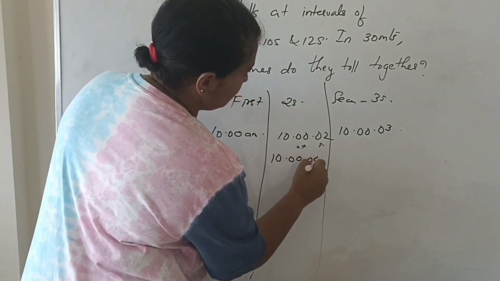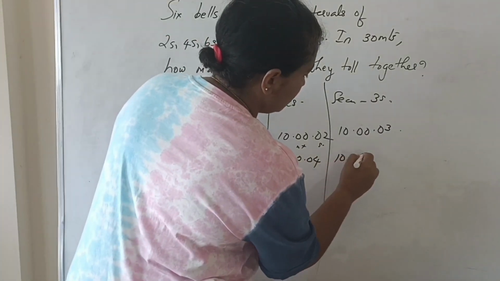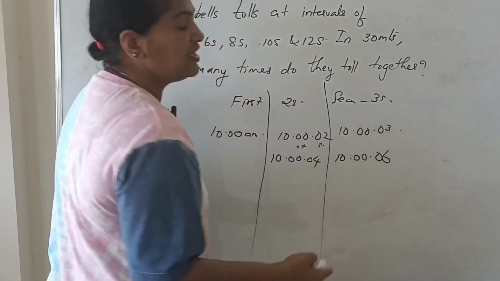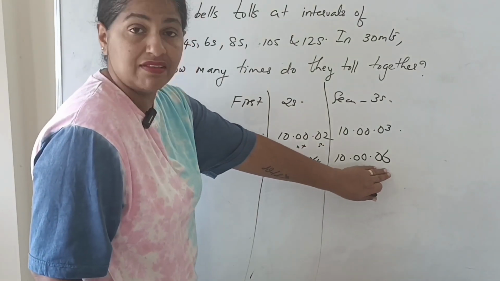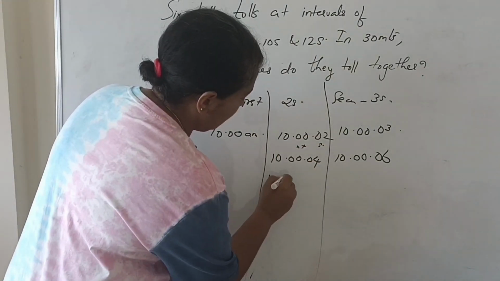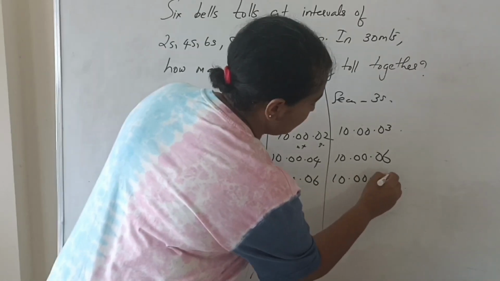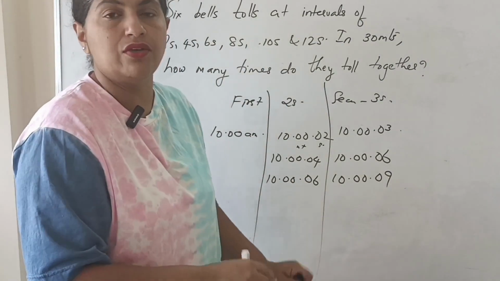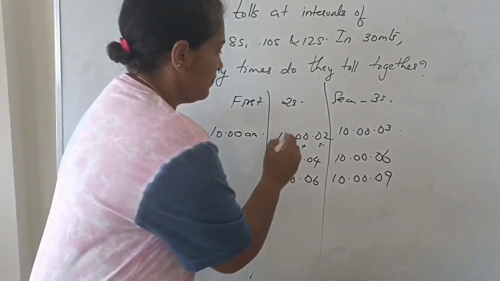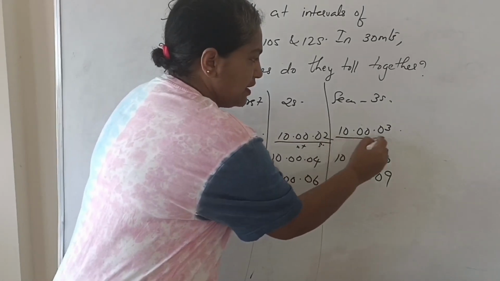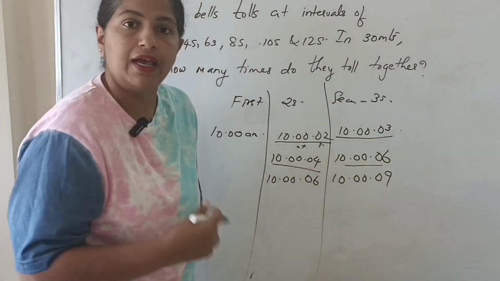After 2 more seconds, the first bell will toll again. The second bell, because it tolls after every 3 seconds, will toll at 6 seconds. Now the first bell will toll at this time, and the second bell will toll at 9. It will go on and on till somebody decides to stop the bell. Now, what can you see from this? The first ring happens here, the second ring happens at 3 seconds, the third ring happens here, the fourth ring over here, and so on.